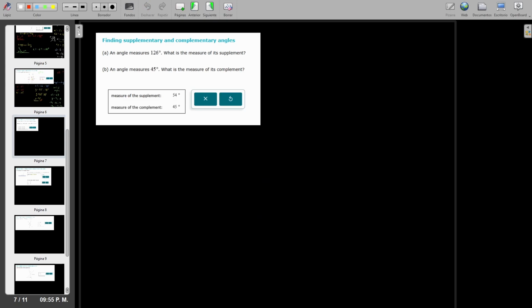Okay, again, you need to remember complementary and supplementary. I'm going to be explaining again. Supplementary, how much? 180 degrees. Complementary, how much? 90 degrees. So, in this case, they're saying that an angle is already 126. They're asking us for a supplement.